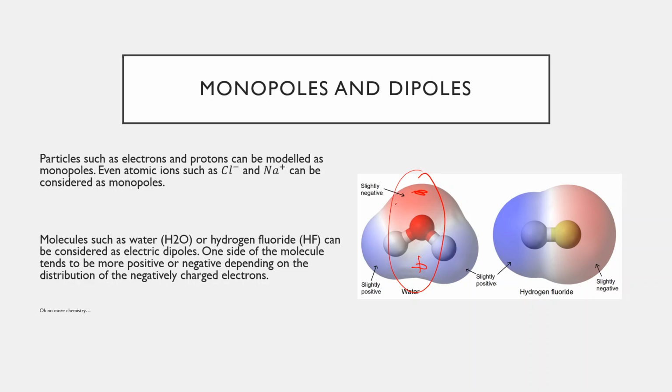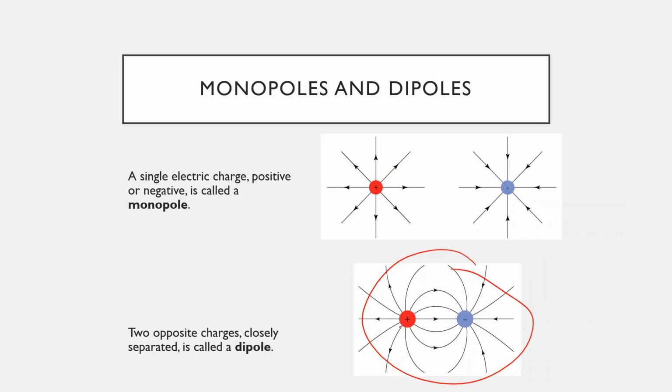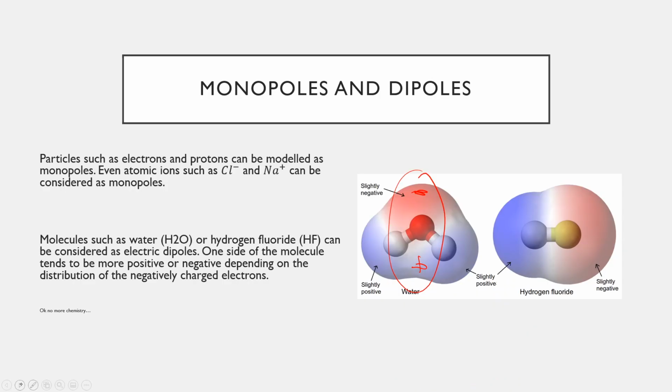Compare that with the previous picture. You've just got a positive charge next to a negative charge. That's basically what's going on inside that molecule. Same thing with hydrogen fluoride. I don't know which one's which because I don't do chemistry, but one side of the hydrogen fluoride is more negative than the other side.